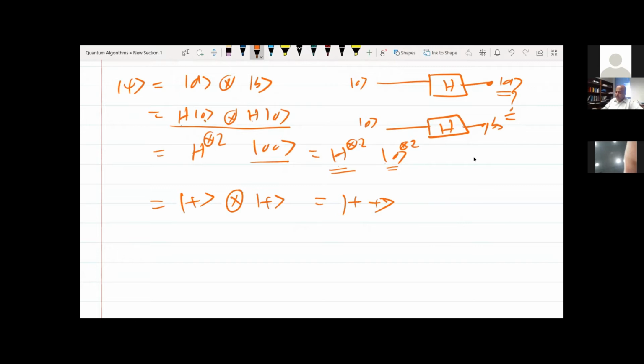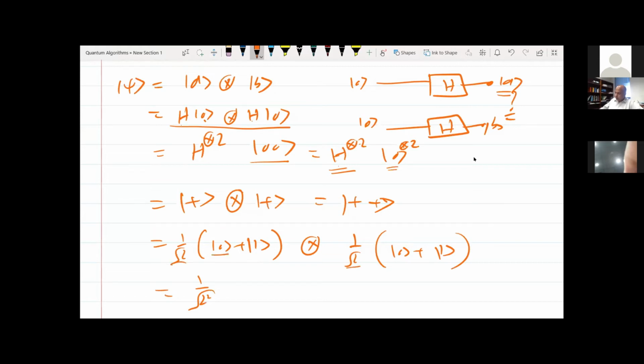But we want to see the state in the 0, 1 basis, which is sometimes called the computational basis. To find the computational basis state, let me write this plus as a state in the 0, 1 basis. So 0, 1 tensor 0, 1. Now I can write it as 1 over 2, because when I multiply this and this, I get this.